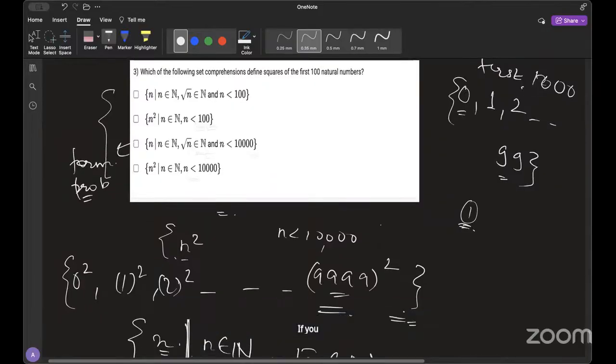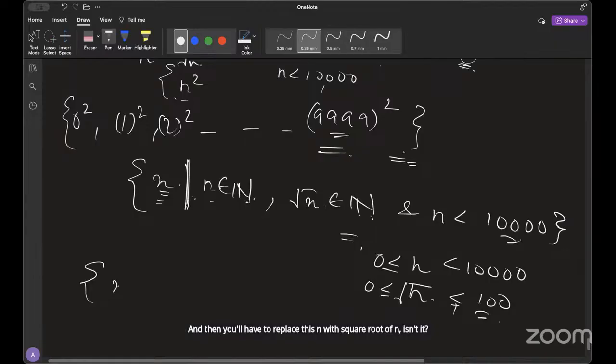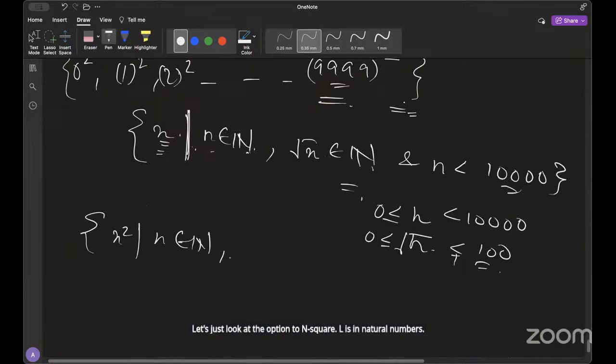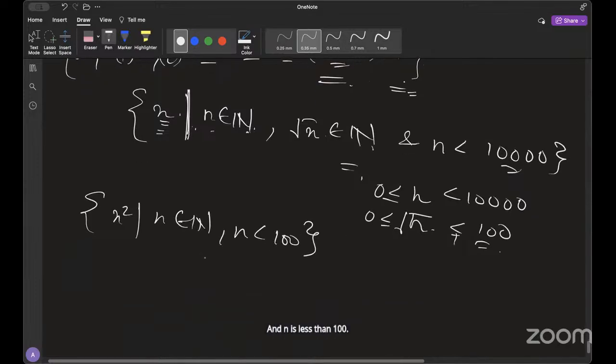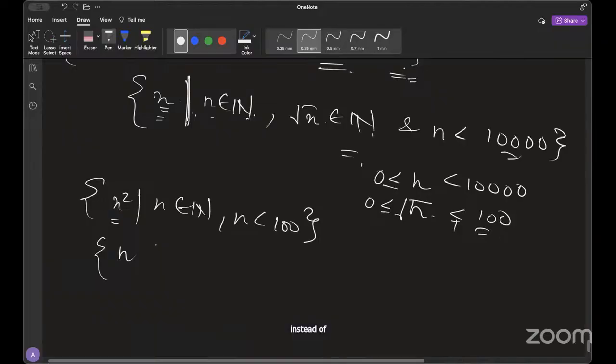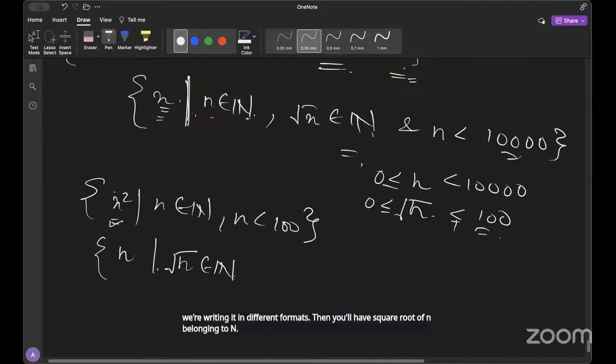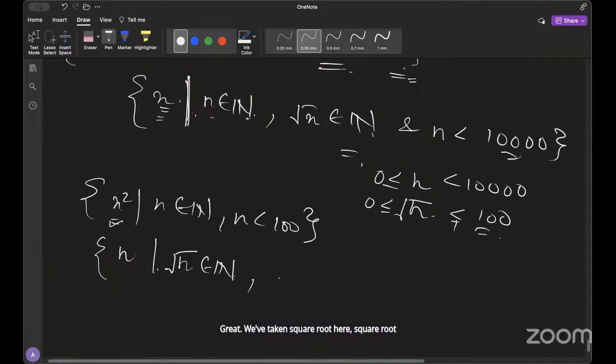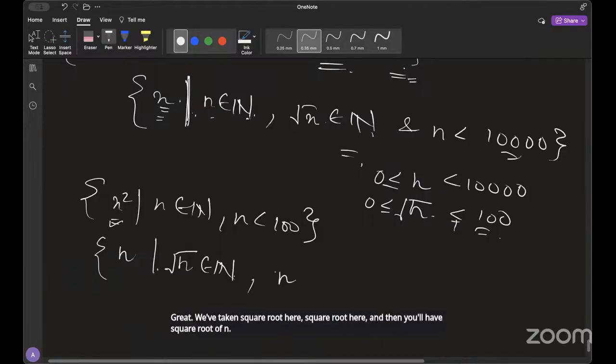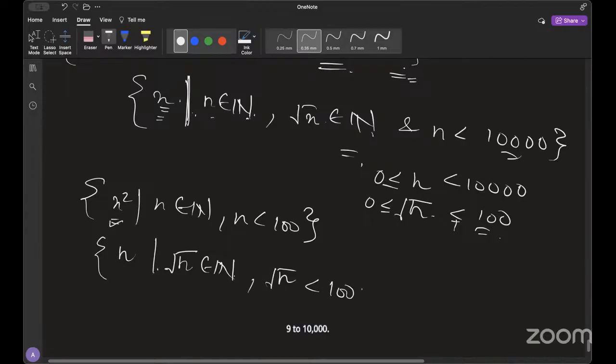If you replace n square with n, and then replace this n with square root of n, isn't it? Let's just look at option 2 only. n square, n is in natural numbers, and n is less than 100. Let's make slight changes to it. Instead of this, let's take n only. We're writing it in different formats. Then you will have square root of n belonging to natural numbers, right? We've taken the square root here, and then you will have square root of n less than 100, right? Isn't it the same thing that we have here?